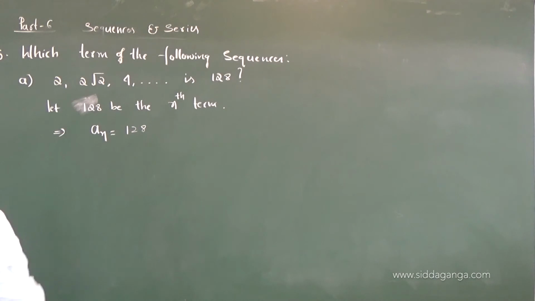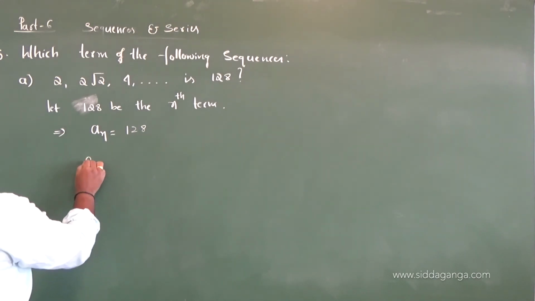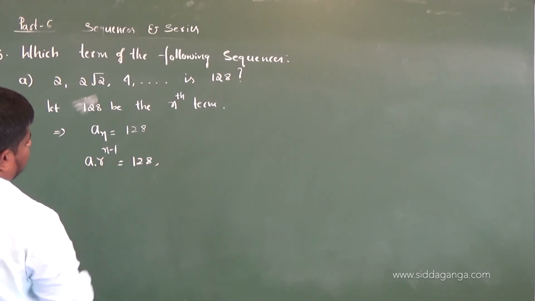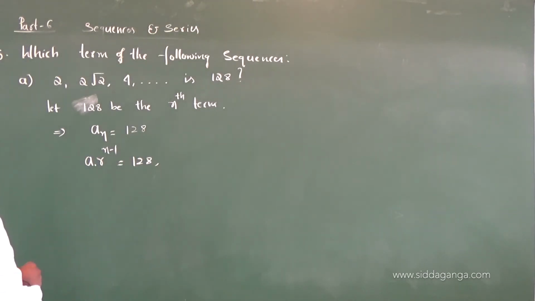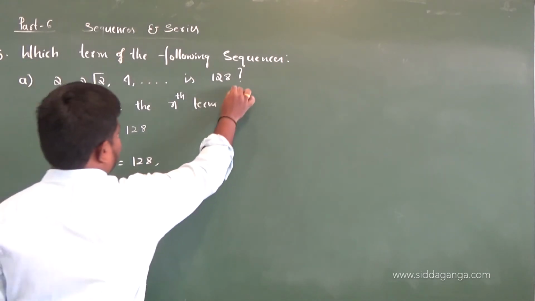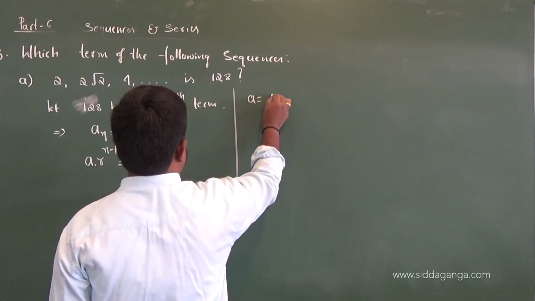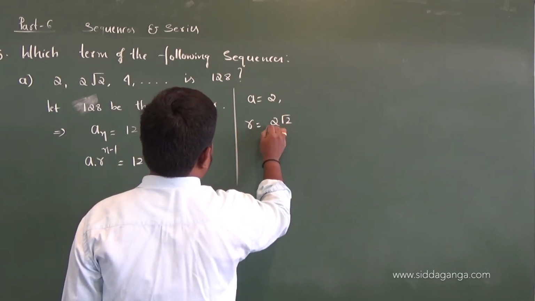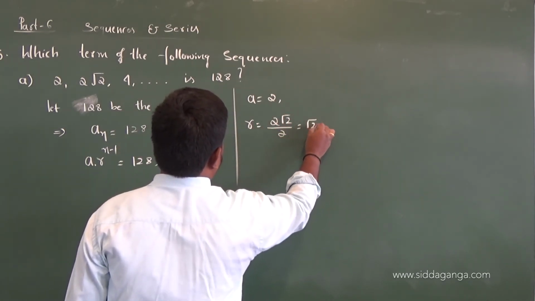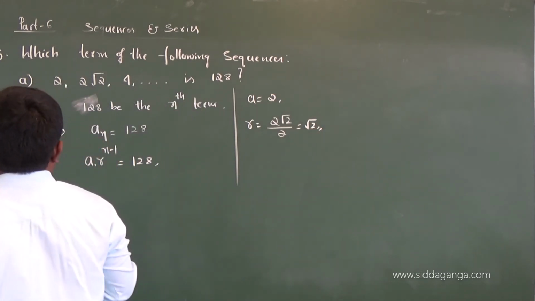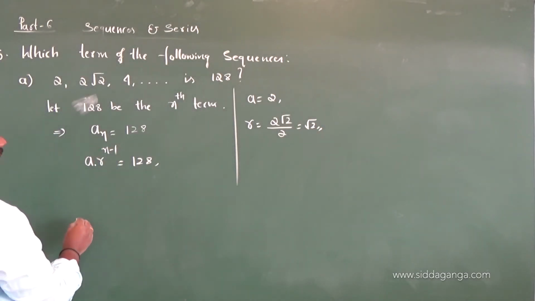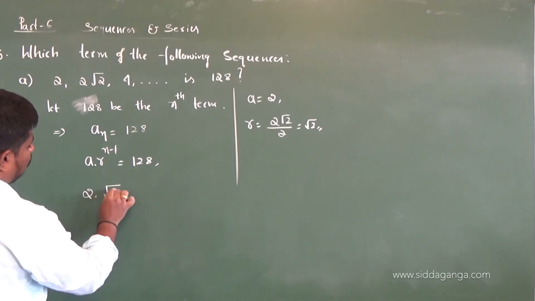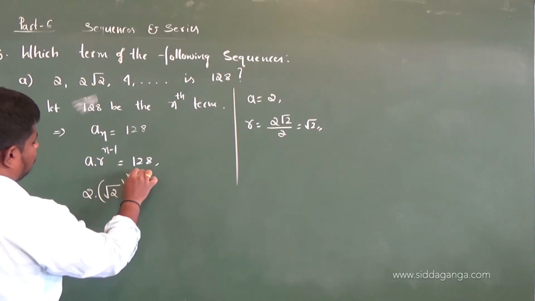What is an? a into r power of n minus 1 is equal to 128. Now what is a? a is given, so a is 2. r is 2 root 2 by 2, so you get root 2. So a is 2, and 2 into root 2 power of n minus 1 is equal to 128.